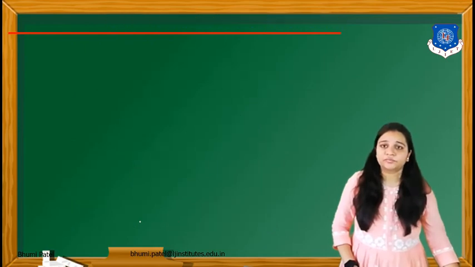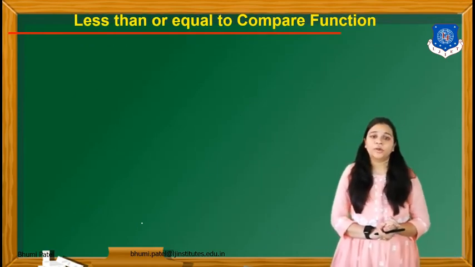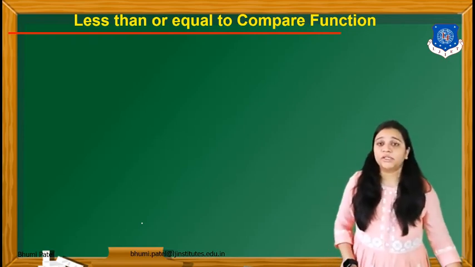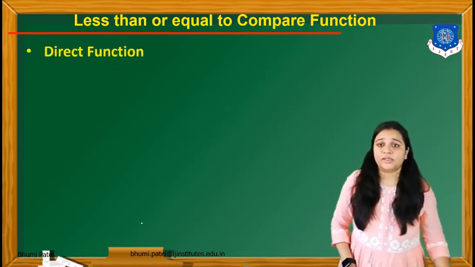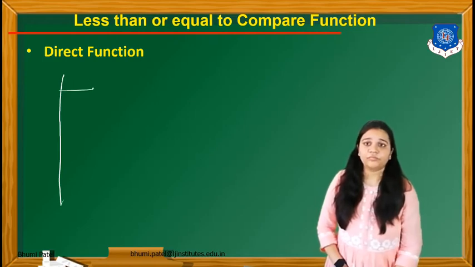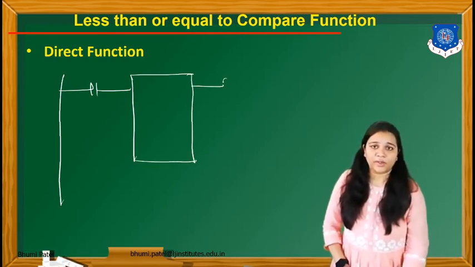Next one is the less than or equal to compare function. What is the direct function of less than equal to? For that we have to take one input, one block format and one output.